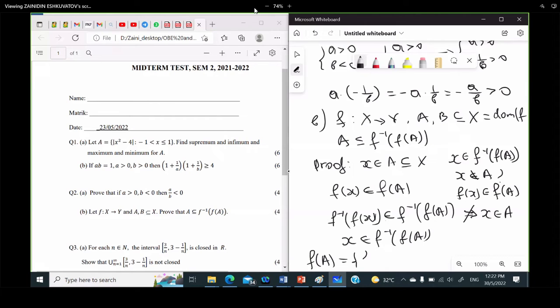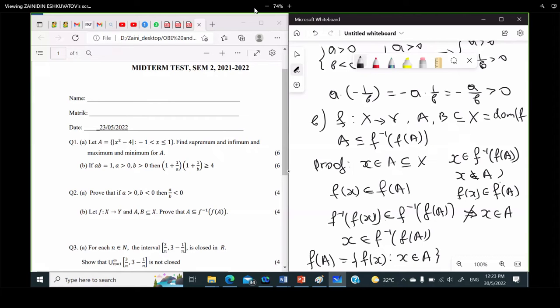It is all the values of the function such that x belongs to A. So you see, this is the value of the function f such that x belongs to the whole A. But here we have f of x, here f of A. So x might belong to A or may not belong to A. Actually, from here, I cannot conclude that x always belongs to the whole set A.